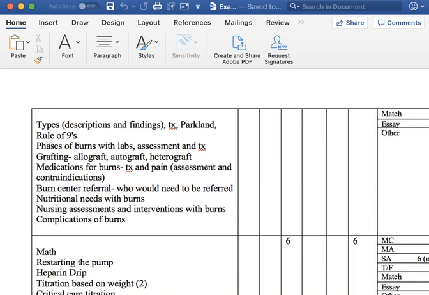And then the drug therapy that we talked about is on page 441, all the different types of things for treatment. And then complications are the other big thing. Some of the big things that people really get confused about is what do we start at what phase of burn.